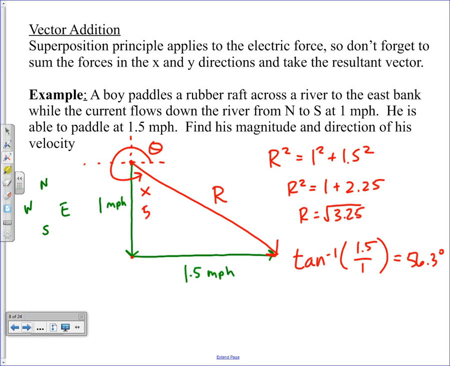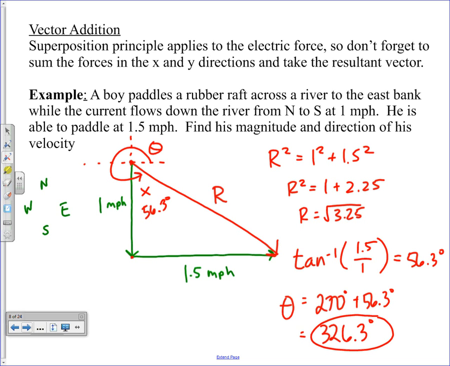That's this angle. So my entire angle, theta, is 270 plus 56.3, which is 326.3 degrees. So I've got the length of my vector, and I've also got the angle.